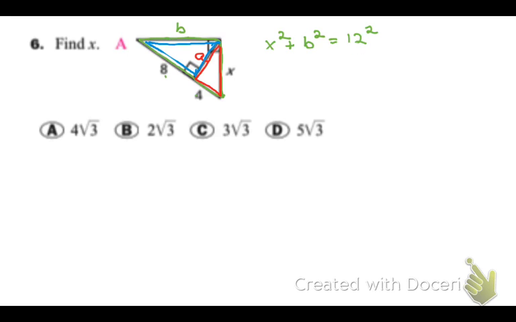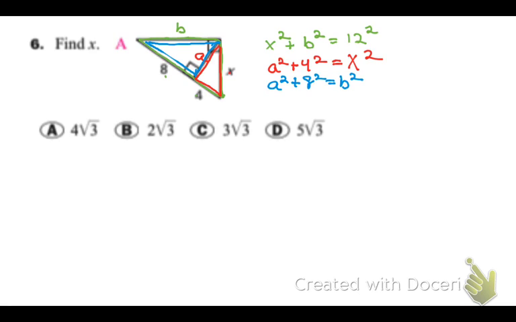Let's do the red one again. Okay, our hypotenuse is x. So this is going to be equal to x squared, and it's a squared plus 4 squared. Okay, looks better. Okay, our blue triangle is a squared plus 8 squared equals b squared.